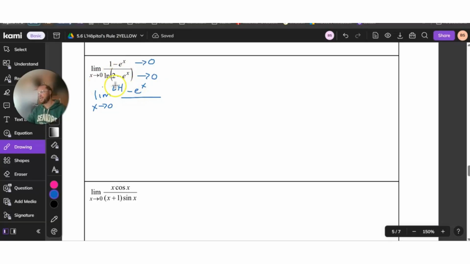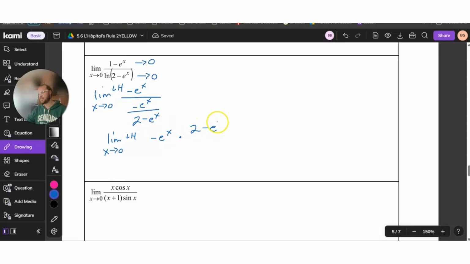The derivative of the inside is negative e to the x. And then for natural logarithms, we put it over the original statement. Well, that's a little ugly. So it would be the limit as x approaches 0, using our L'Hopital. And we're going to keep the first one. And then we're going to change it to multiplication and then flip the second one.